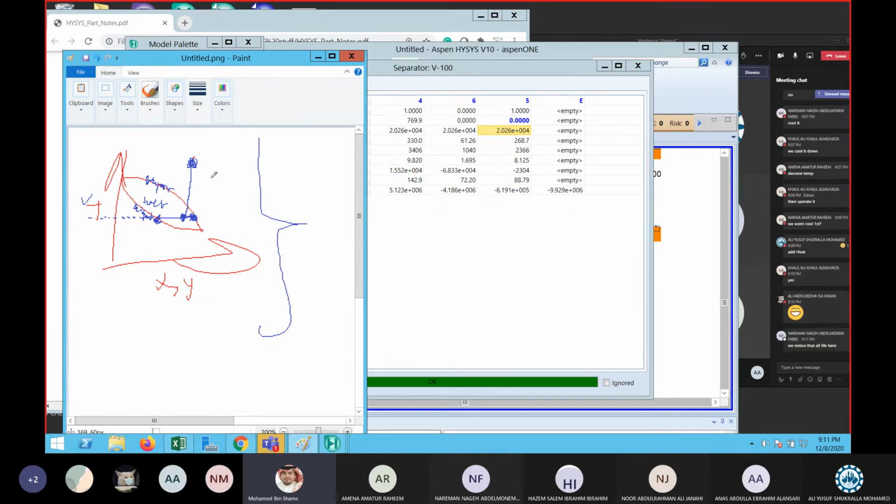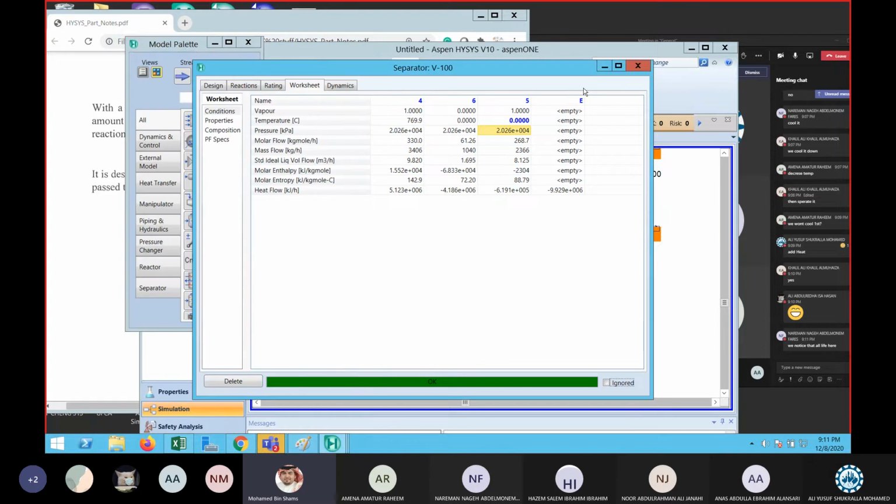Again, Thermo 1 and 2: if you have some problem with this, you have to be very careful and fix it. They will help you a lot in understanding all the coming courses, reactor design, everything. So please pay attention to Thermo 1 and 2, especially for HYSYS, which is all Thermo.